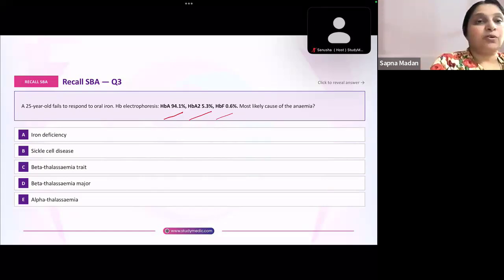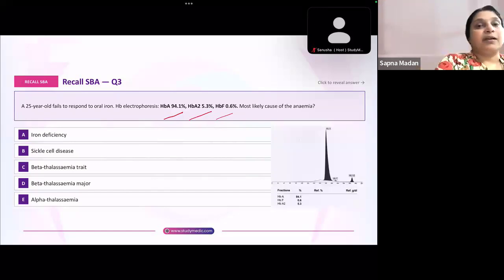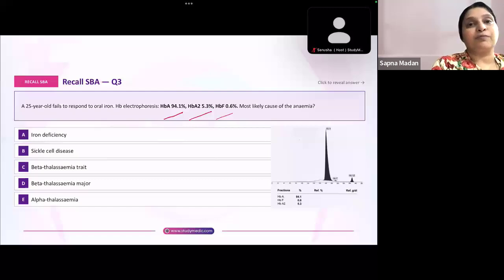Go ahead and answer in the chat box. They can either give you this kind of descriptive data, or they can give you an image in which there are two peaks. The major peak will be adult hemoglobin, and then there will be a peak of A2, with the A2 value given as 5.3.